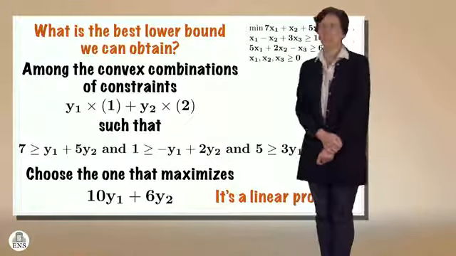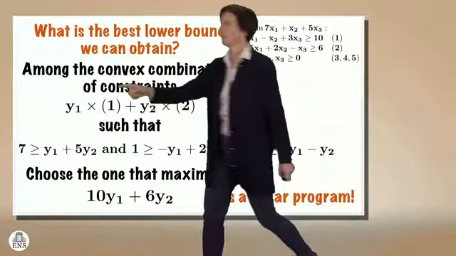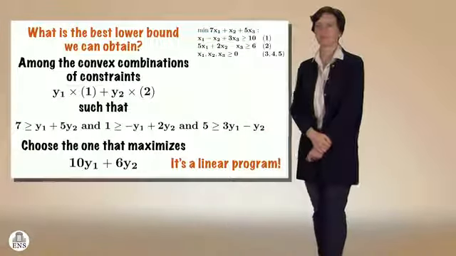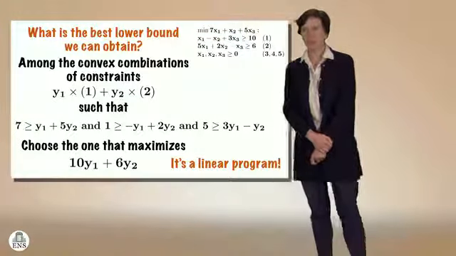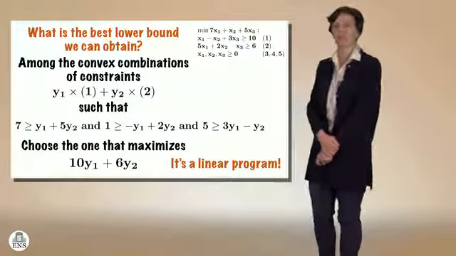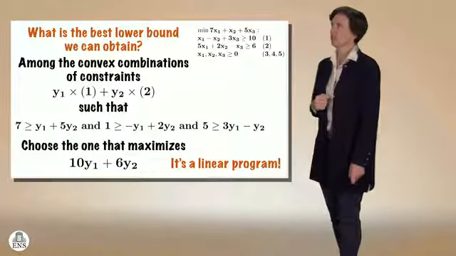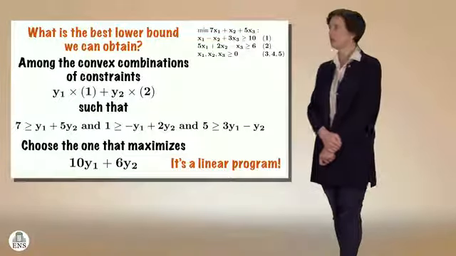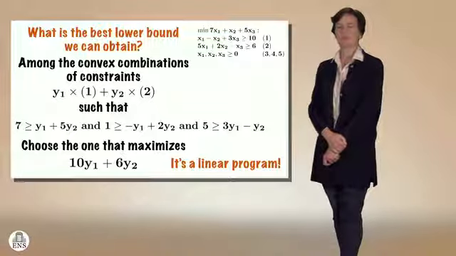For example, take the first coefficient. In the objective function, 7. What is the coefficient of x1 in our new constraint? Let's see. We multiply the first constraint by y1. So we'll have y1 times 1. The second constraint by y2. So we get y2 times 5.